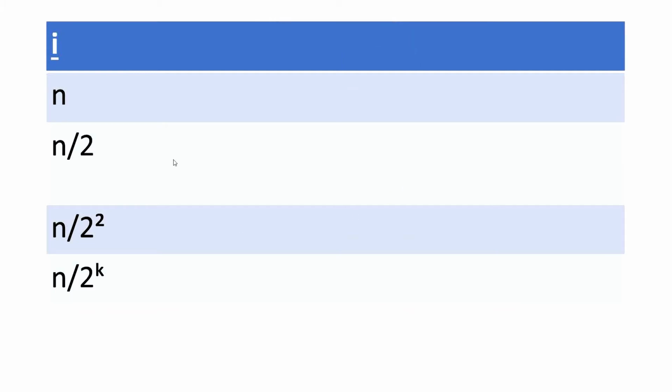If you look at this table here, at first we have the value of n, which is 100, and then we did n by 2, which is 50, then we did n by 2 square, after which we got the value of 25, and so on until we do it till n by 2 to the power k, until we get 1. So that is the underlying concept here. Now let us understand what the time complexity of this particular program is.